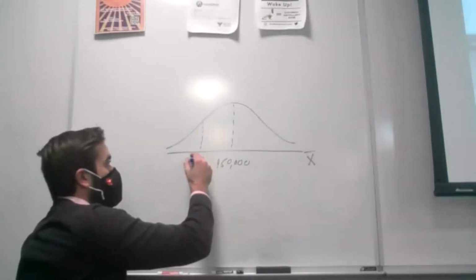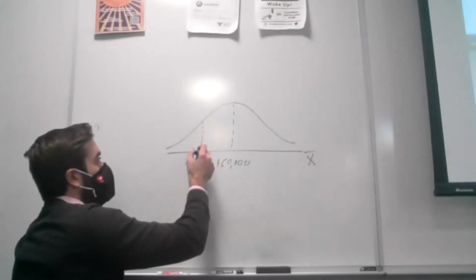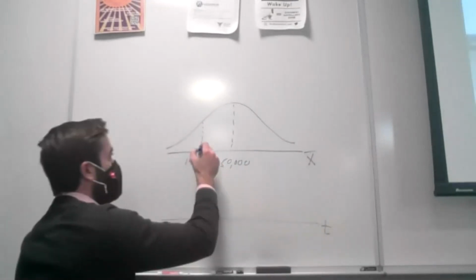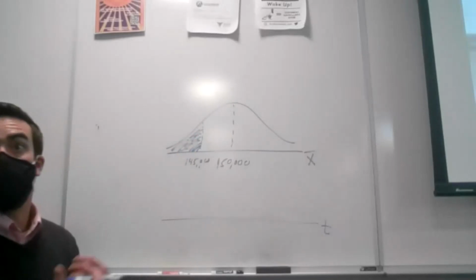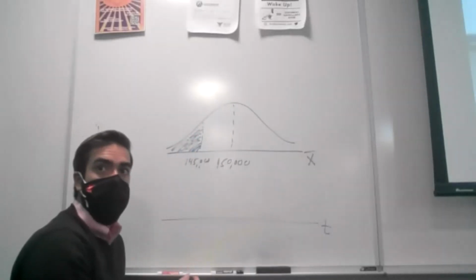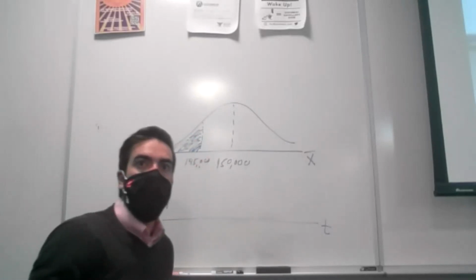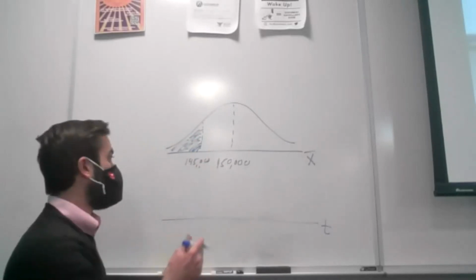I found a sample mean of 145,000. So what I was trying to do is turn this into a test statistic, because I want to find the p-value or plot that test statistic against my critical values. Those are coming from the student t distribution, because I don't have a table for every single normal distribution. I only have a table for the standard normal distribution and for student t distributions.